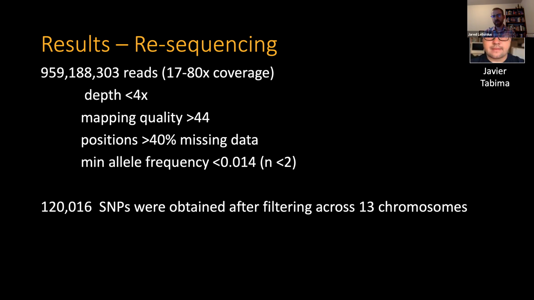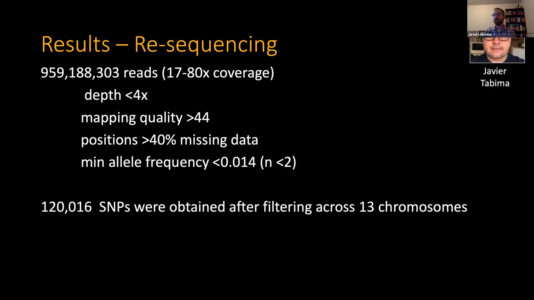So we set up a filtering pipeline where any position with a depth less than 4x was removed. Anything with a mapping quality less than 44 was removed. Positions, so these are individual positions in the genome, if they had greater than 40% missing data, they were removed. And then the minimum allele frequency cutoff that was used was 0.014.